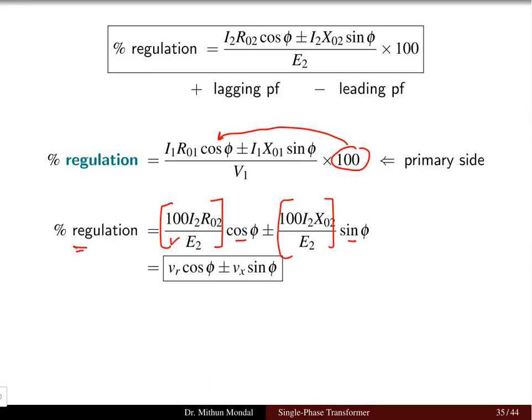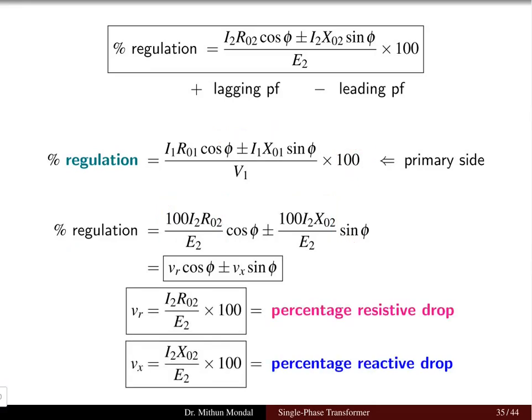If we observe this quantity carefully, the percentage resistive drop and percentage reactive drop can be represented by VR and Vx, where VR is I2 R02 by E2 into 100, that is in percentage, and Vx is I2 X02 by E2 into 100, that is percentage reactive drop. So voltage regulation can be determined directly from the voltage drop, or if the resistive drop and the reactive drop are mentioned in the problem, we can use this formula.